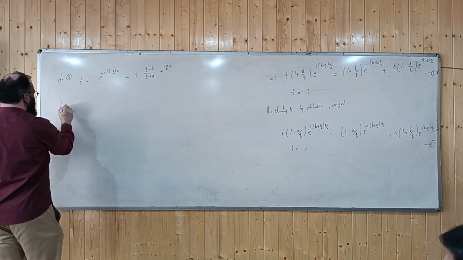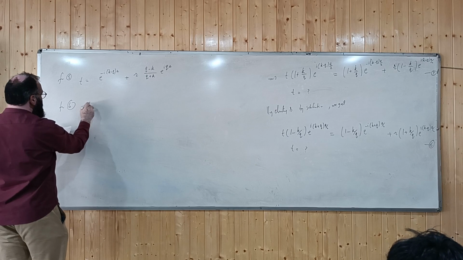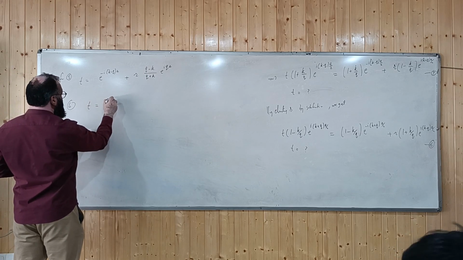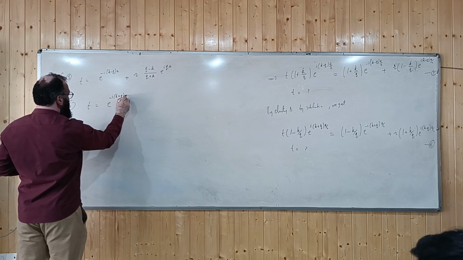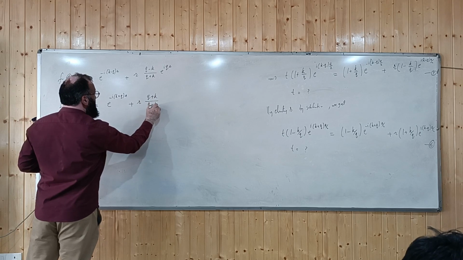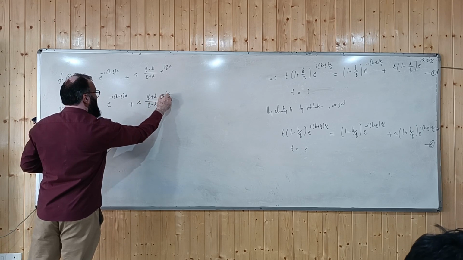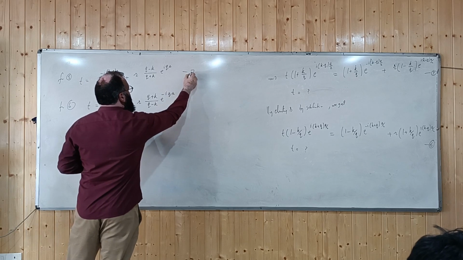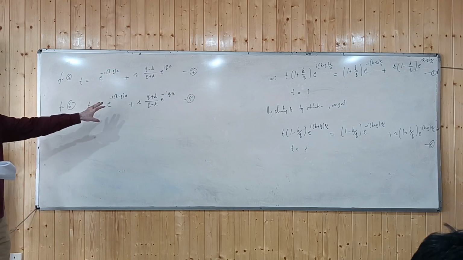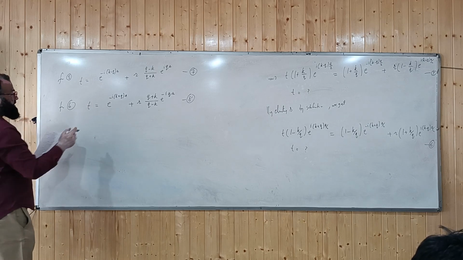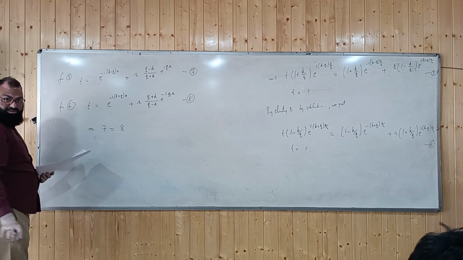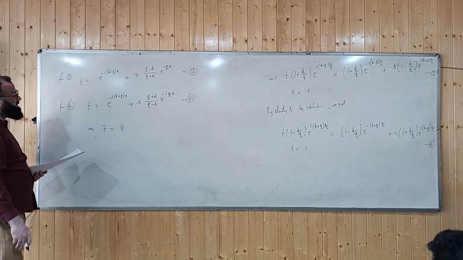And from equation 6, T is equal to e raised power minus i(K plus Q)a plus R into (Q plus K) divided by e raised power minus i Q a. Call this 7, call this 8. Now they are the same, so which implies 7 is equal to 8. Got it?